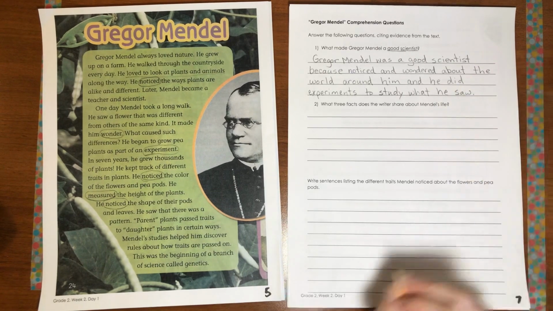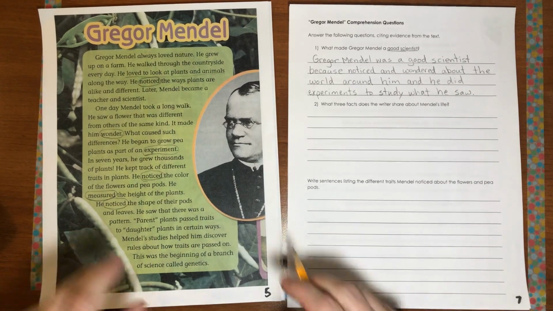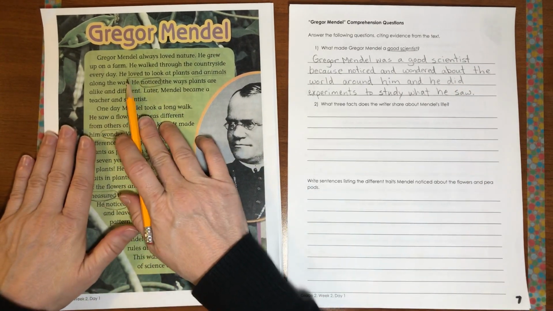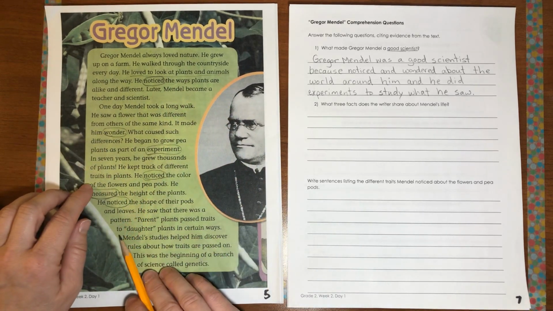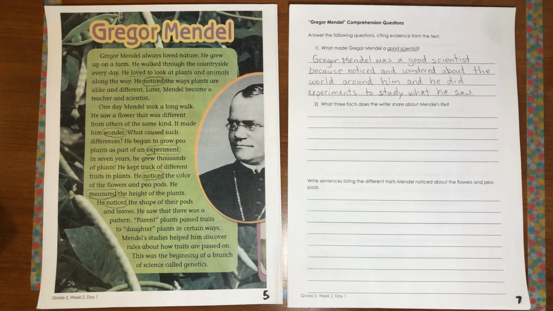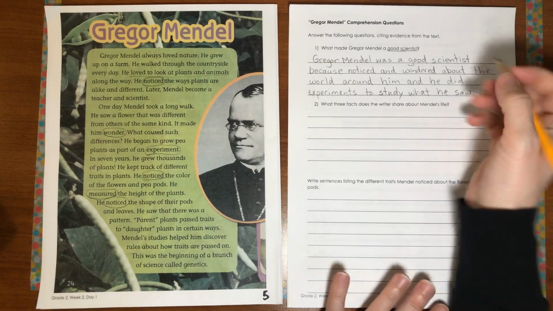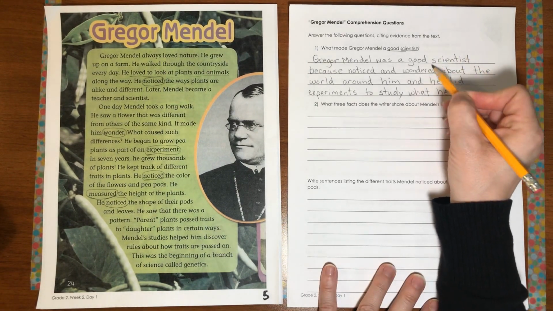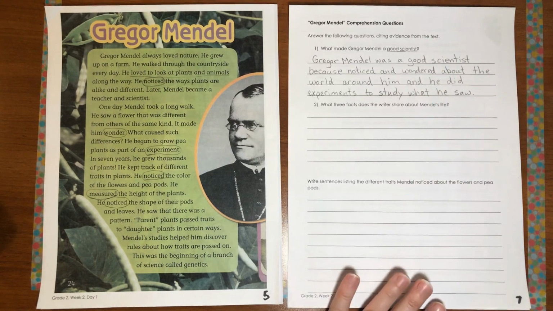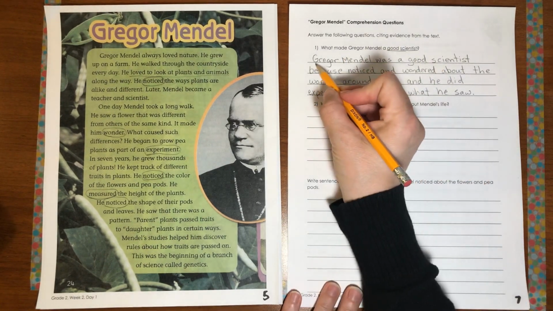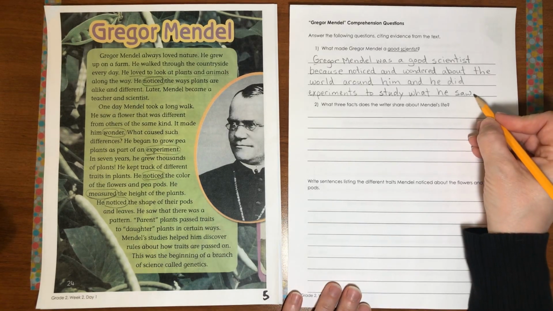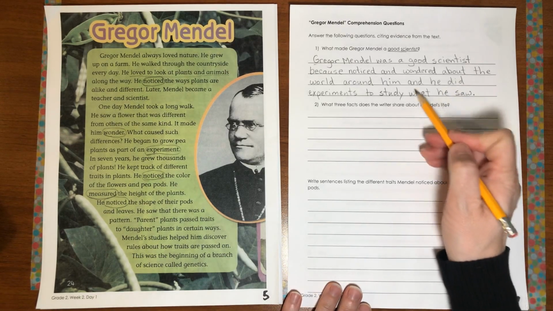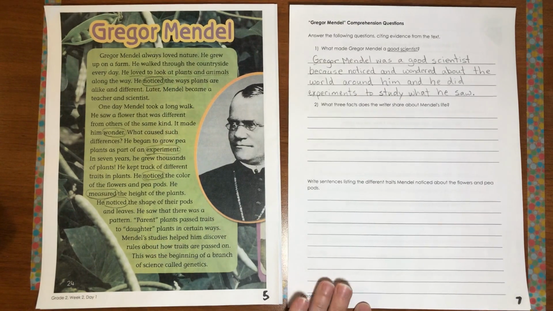Now, you maybe didn't write the same thing that I did, but if you look back and you notice that he loved plants and animals, that he measured things, that he studied things, anything like that, as long as it relates back to something that a scientist would do, you're good. Also, make sure your sentence starts with a capital letter, make sure it ends with a period, and you put nice spaces in between your words when you wrote.